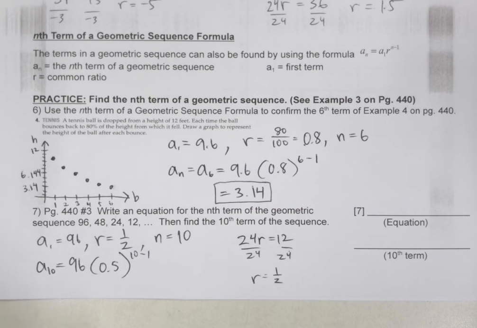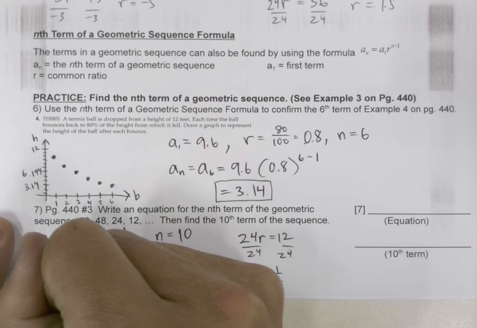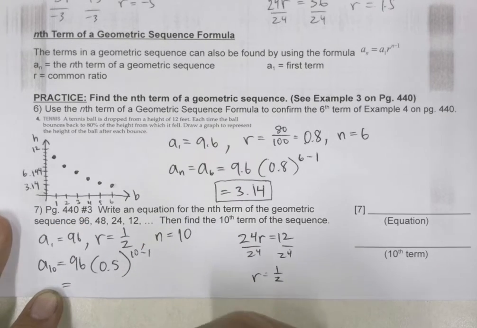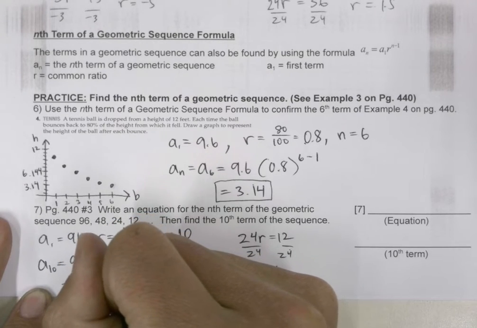Let's work this out: 0.5 to the 9th power, and then I'm going to multiply it by 96. The 10th term in this geometric sequence is 0.1875.